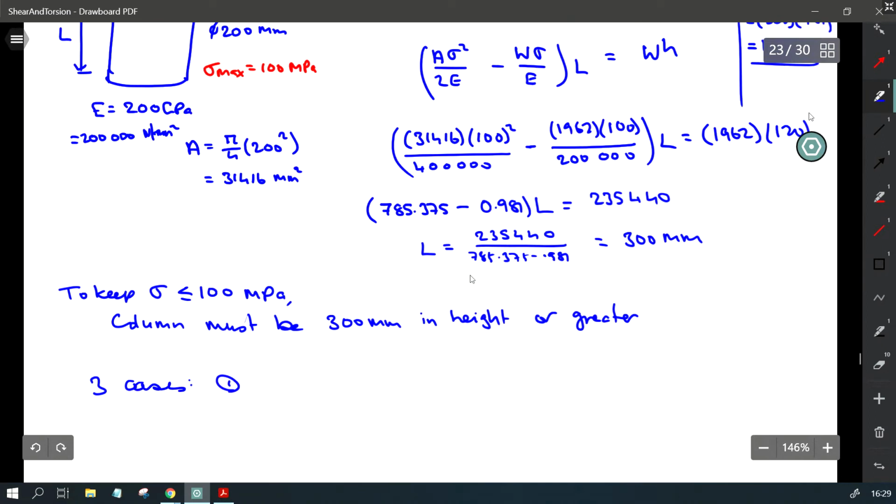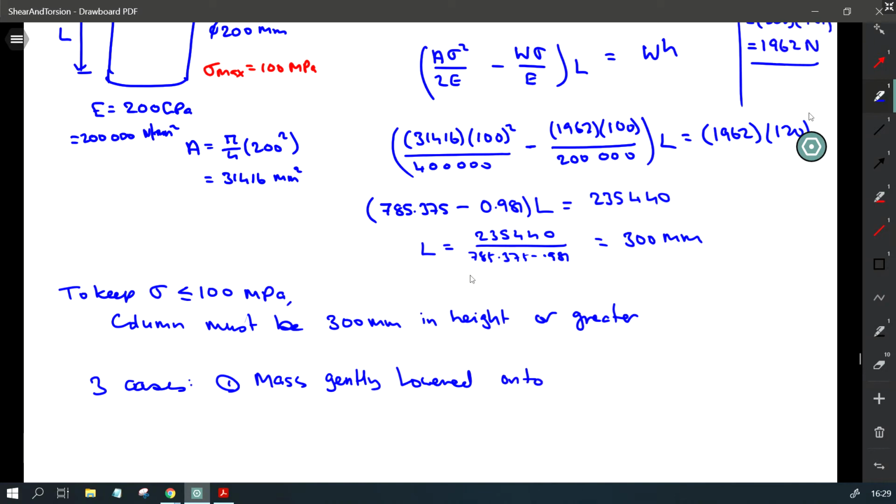Case one was the mass gently lowered onto whatever it is, the post or the column. In that case, the maximum stress is just the weight divided by the cross-sectional area, as you'd expect.